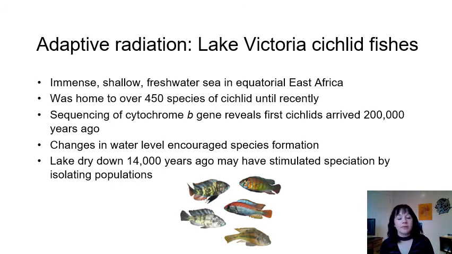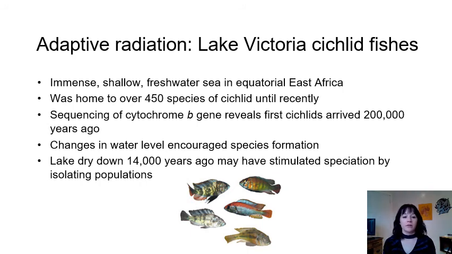Another example of adaptive radiation can be seen in Lake Victoria with cichlid fishes. Okay? So Lake Victoria is this giant lake in East Africa, and until recently has a ton of different cichlid species, right? And about 200,000 years ago, there was the original ancestral population that was pretty similar, one population in this giant lake.